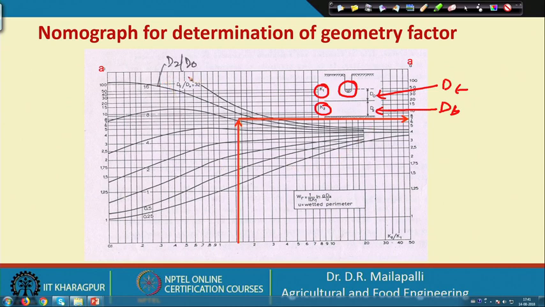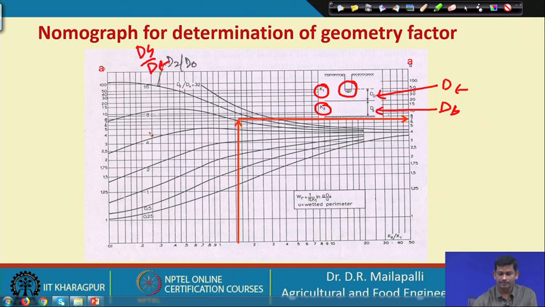So, d2 by d naught is dB by dt in our case. So, this is K2 by K1, that is Kb by Kt. Knowing the Kb by Kt value here, these curves are all dB by dt values for a particular curve.